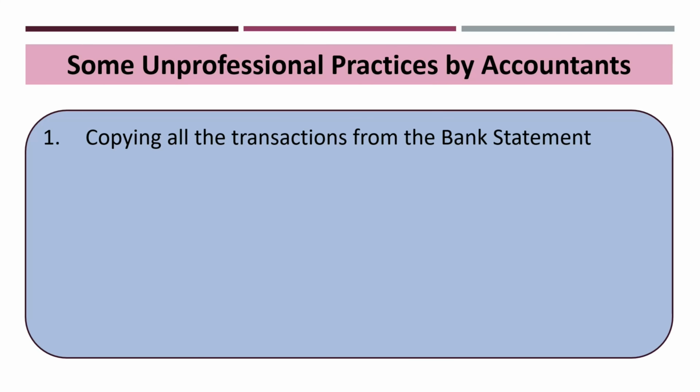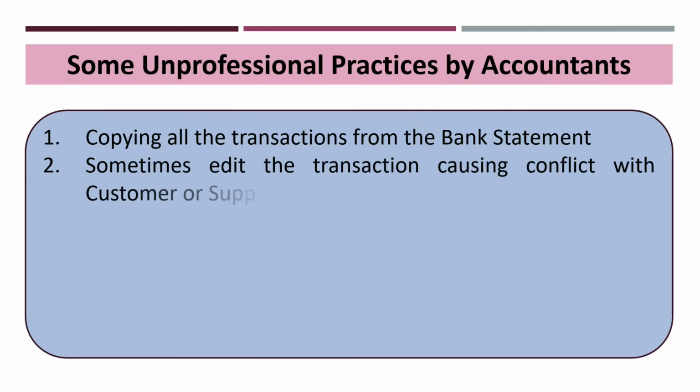And like this some accountants are copying the transactions, and then sometimes if they find anything, for example there was one payment from the supplier they made in March, but this is not coming to March, what they will do is just go and shift that transaction to the next month, go and edit the payment date.